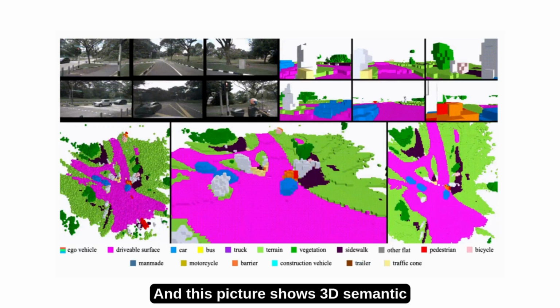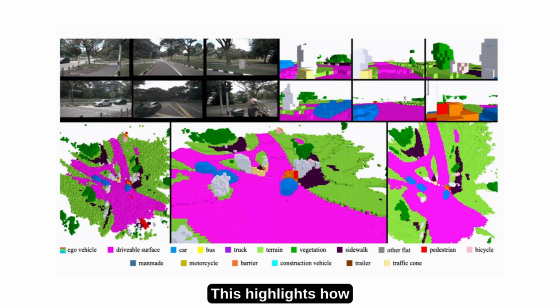And this picture shows 3D semantic segmentation results from multi-view images. Pink represents drivable surface, green is vegetation, yellow indicates car, and the other colors represent offset, pedestrians, and more.